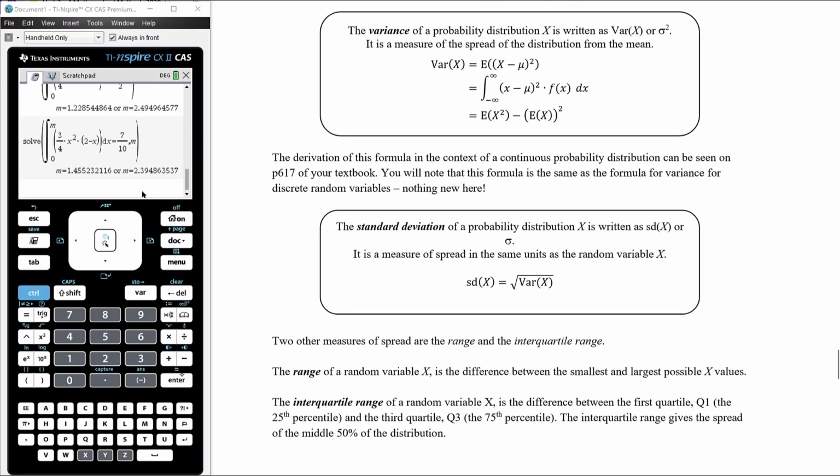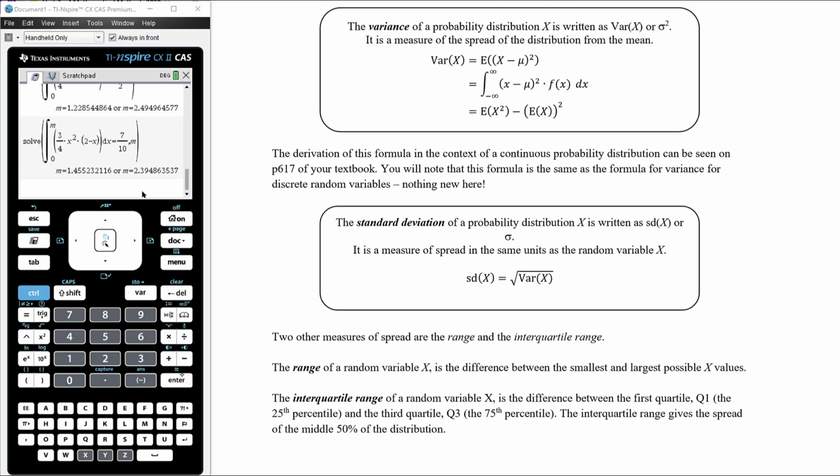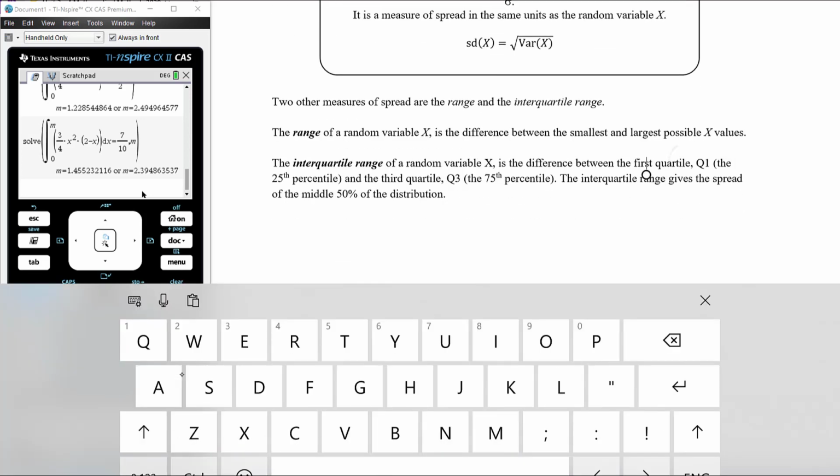I've introduced this notation before: we tend to use mu for the mean or expected value and sigma squared for the variance, which means sigma is the standard deviation. We tend to use the Greek letters when we're talking about continuous random variables, and E of x, Var x and SD x when we're talking about discrete, but both are perfectly interchangeable.